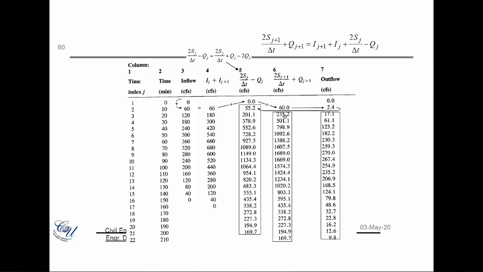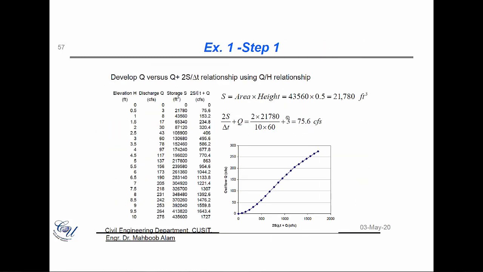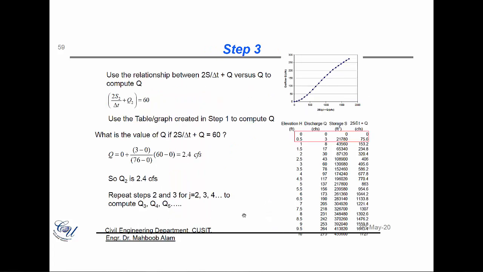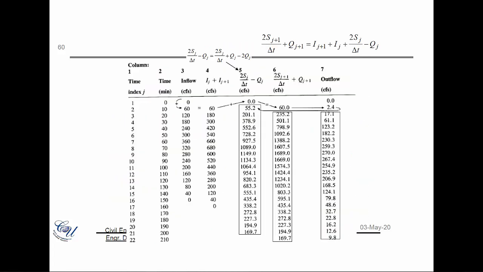For this 235, I'll go back to the curve that I developed earlier. This one, 235 is somewhere here, and for this I'll see what the discharge is, which is around 20. Yes, so 17.1. For this I saw that I had 17.1. Then I use 2 multiplied by 17.1 minus 235, which will give me 201, which will be the fifth column.